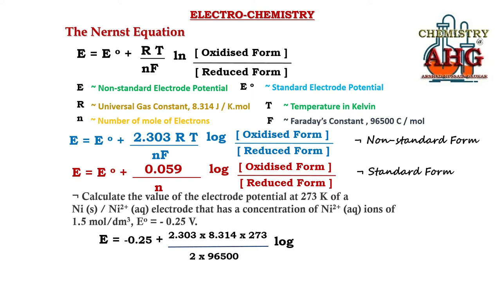Its concentration is given as 1.5 mole per dm cube, while nickel in its 0 oxidation state is a solid, so its concentration will be taken as 1. If you now just use these values and calculate using the calculator, what answer will you get? That answer would be the non-standard electrode potential for the nickel half cell, and it is negative 0.245 volt.